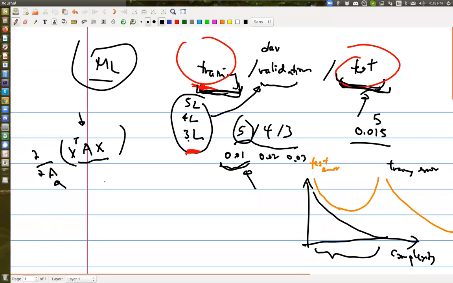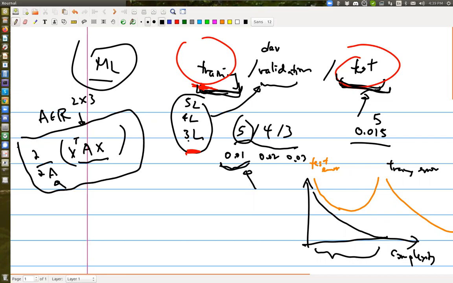Maybe let's start with a really simple question first. Let's say A is a 3 by 2, or maybe 2 by 3 is better, it's easier to draw. So A is 2 by 3. What's the dimension of this one?